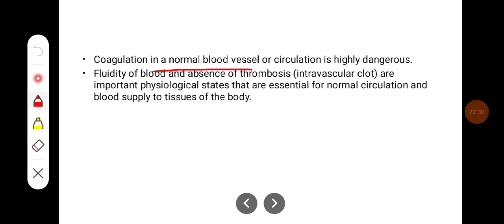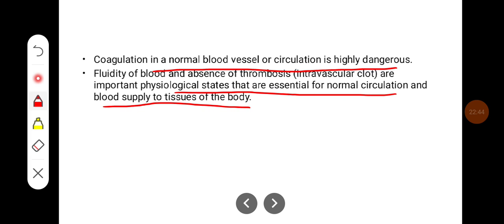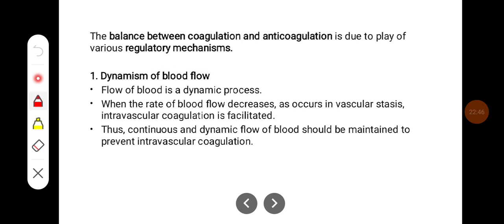Coagulation in normal blood vessels, or in circulation, is highly dangerous. Fluidity of the blood and absence of thrombosis are important physiological states that are essential for normal circulation and blood supply to the tissues of the body. So, the balance between coagulation and anticoagulation is due to the play of various regulatory mechanisms.